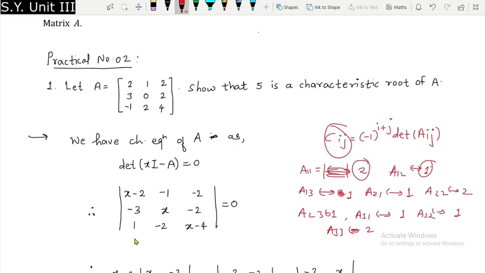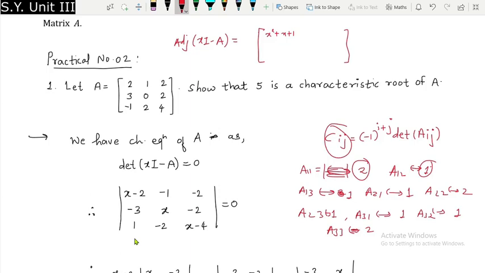So for example, if I have to write the matrix of cofactors, that is nothing but adjoint of xI minus A, it will be matrix of cofactors of the matrix xI minus A, and it will be polynomials of degree 2. Let me say, for example, x square plus x plus 1. This is simply an example for understanding.